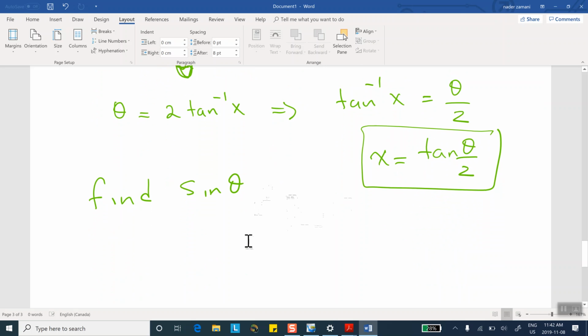So, there are different ways of doing this. You can say that you have to look at the formulas that we had.